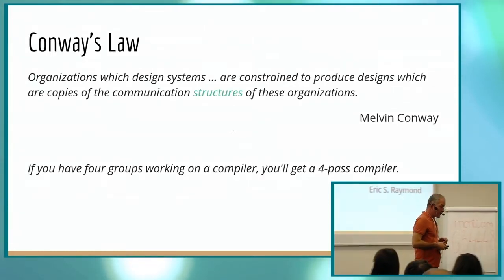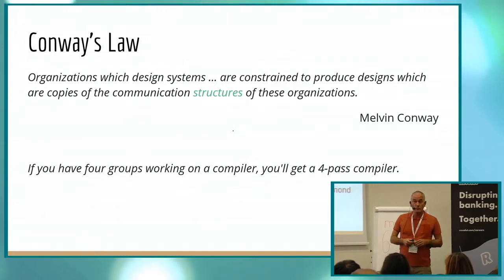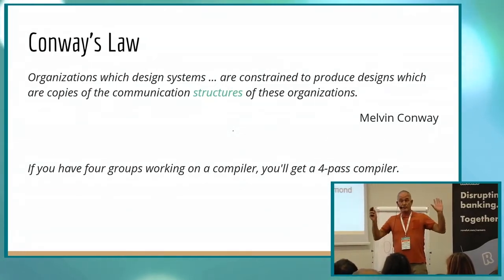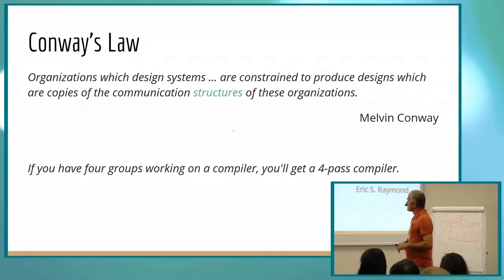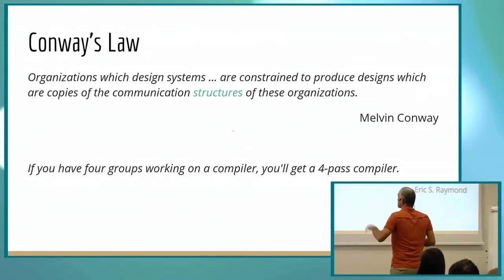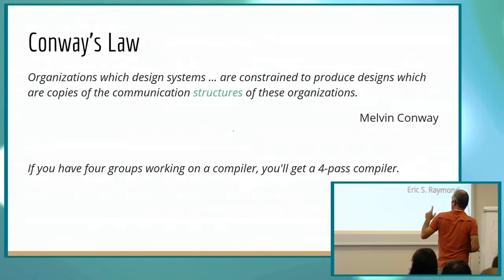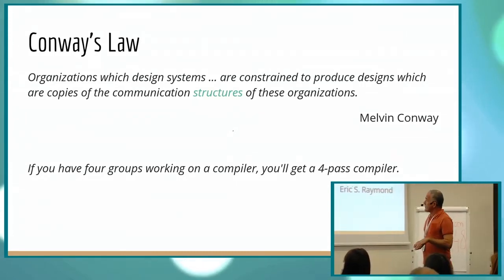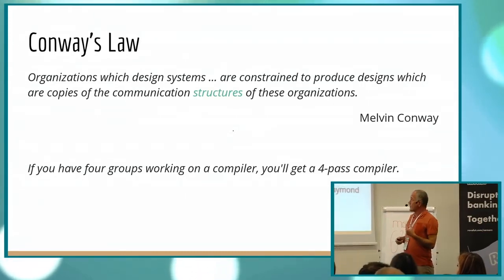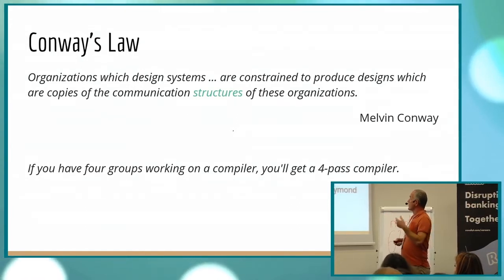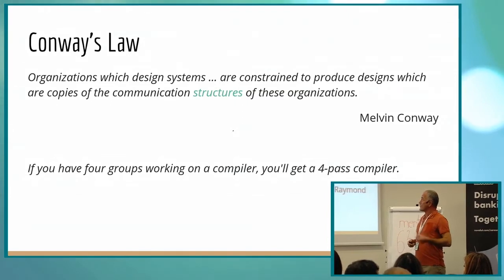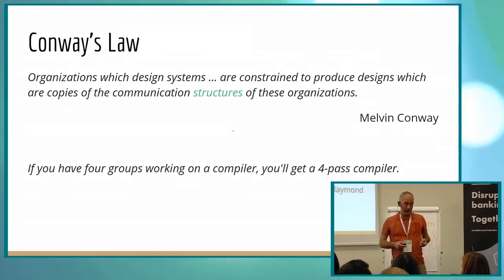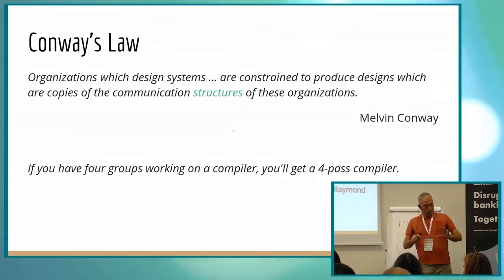Now, who is familiar with Conway's law? Who has seen this before? All right. Conway's law, from 1968, if I'm not mistaken, says that organizations that design systems are constrained to produce designs which are copies of the communication structures of these organizations. That's a bit abstract.